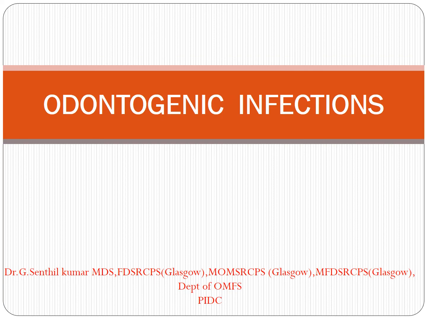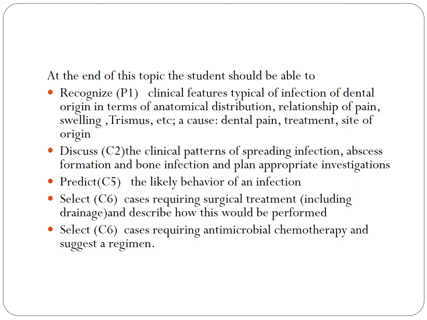So, coming to the learning outcomes, at the end of this topic, you are expected to recognize the clinical features typical of these odontogenic infections, and the relationship of pain, swelling, trismus, etc. And you should be able to discuss the clinical patterns of spreading infection, abscess formation, and bone infection.